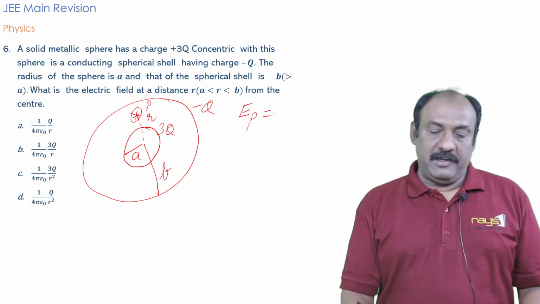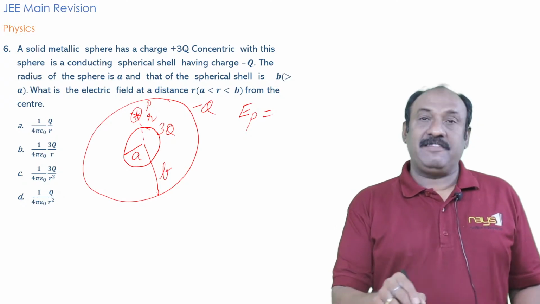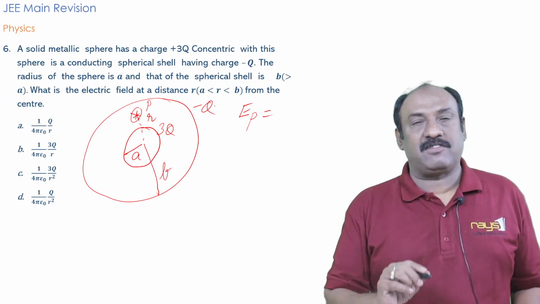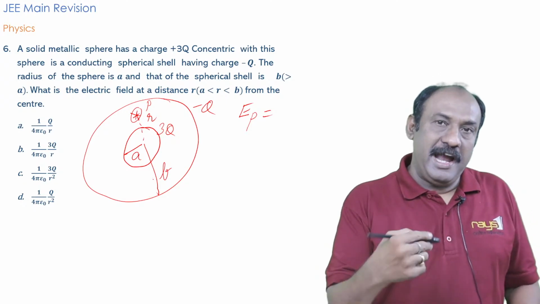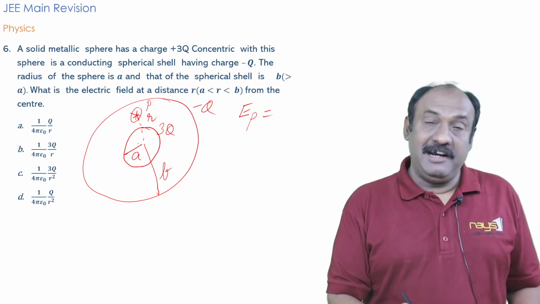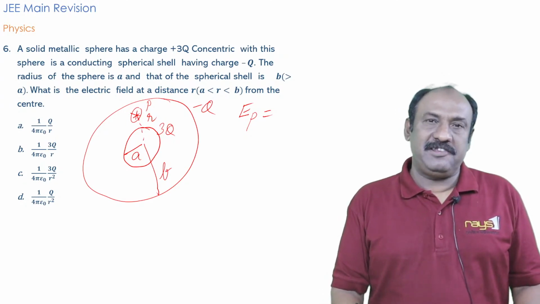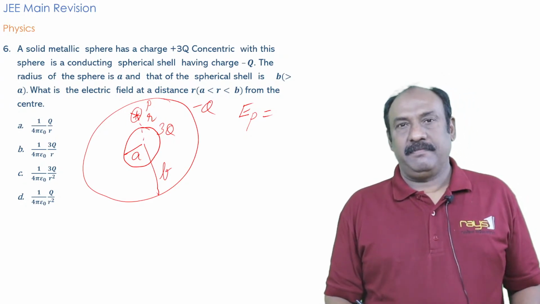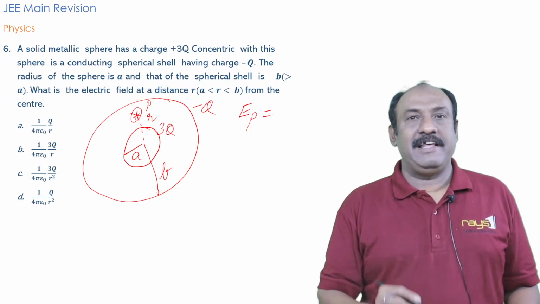So this point P is inside of the shell of charge minus q, and point P is an outside point for the solid sphere of charge 3q. We know that for any conducting shell, at any point inside of the conducting shell, electric field intensity is 0.